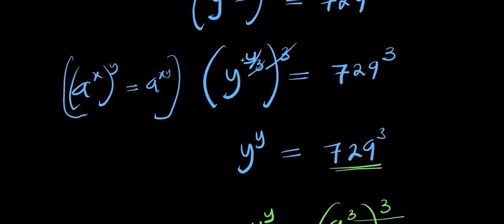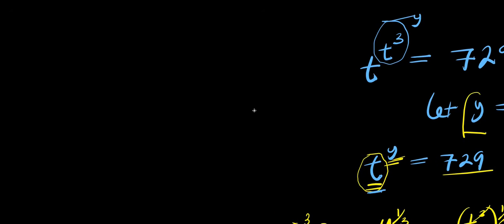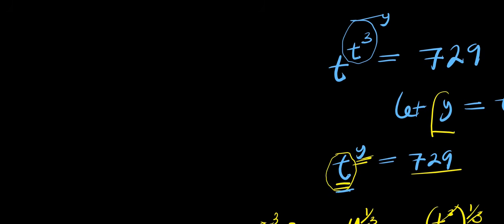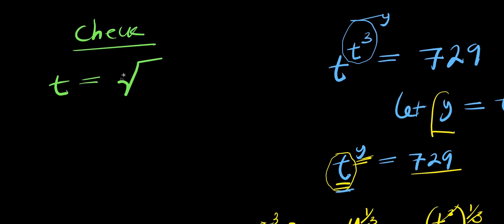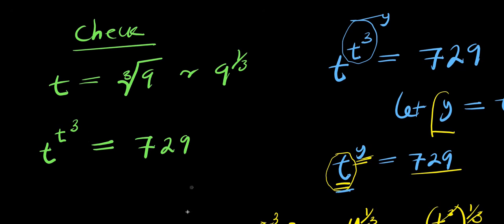So the next step we are going to take will be to check if our answer is correct. We have t equals cube root of 9 or 9 power 1 over 3. And this is t power t over 3 equals 729.